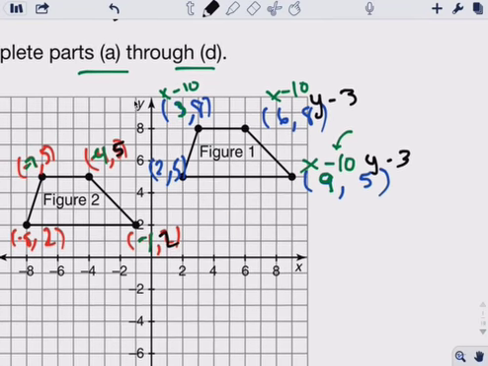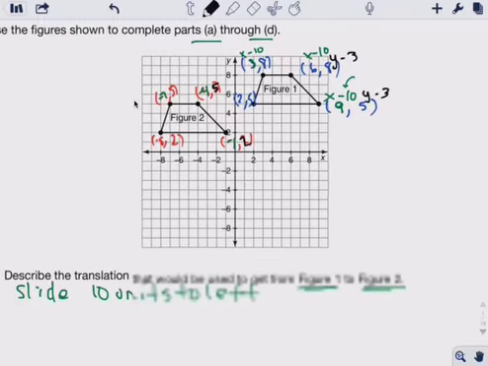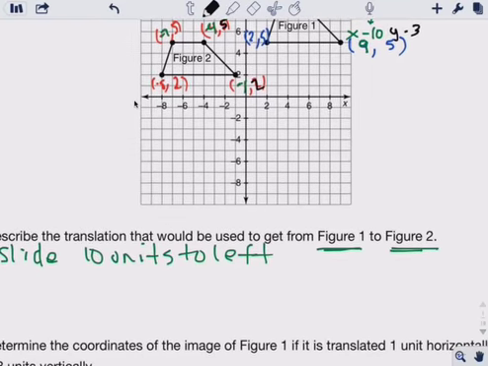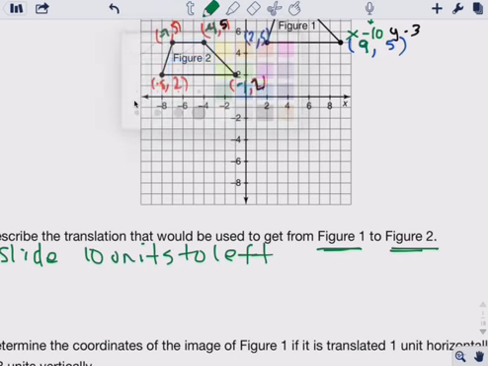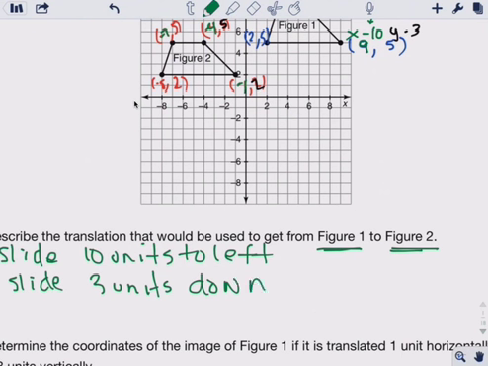If it's a y, it's a slide down. So that's the translation used in the figure: a slide 10 units to the left and a slide 3 units down.